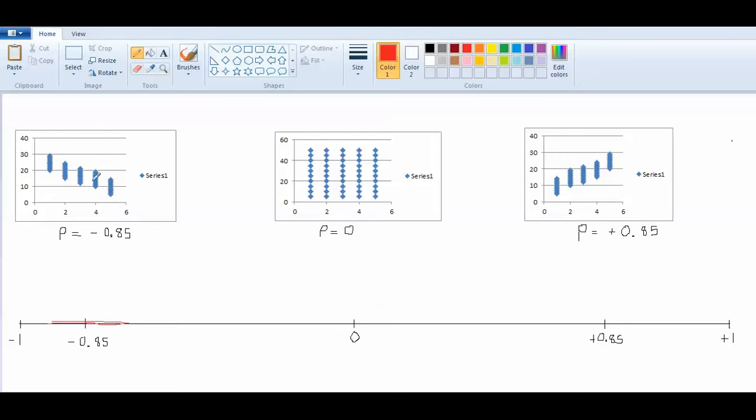If a bunch of packages were dropped from this helicopter, some might land here, some might land out here, but overall they're going to probably land somewhere in this area near the population correlation. Now what about if this is a helicopter and it drops a bunch of samples to the ground?